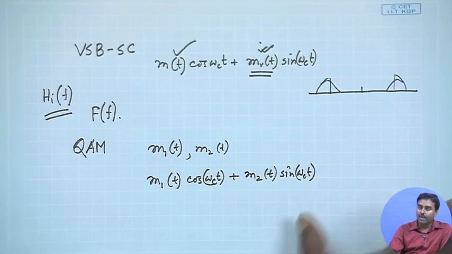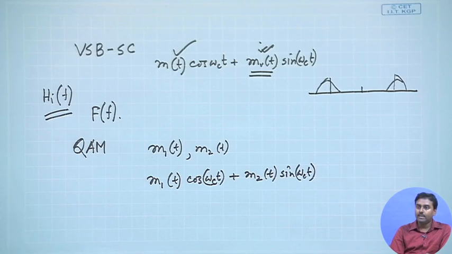Of course, the bandwidth will look the same, the frequency response will be the sum of m1's frequency response and m2's frequency response, right. But we have already demonstrated that these can be very clearly separated out. Okay.